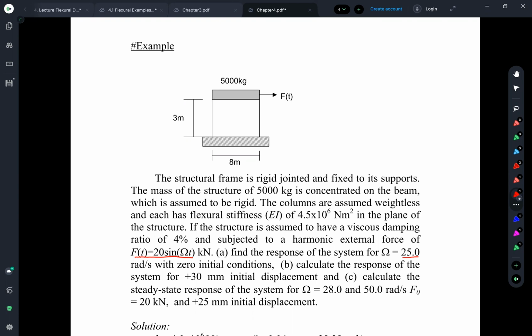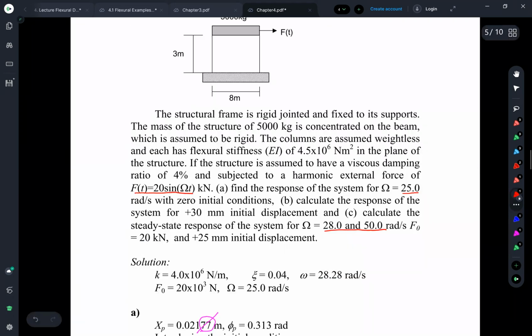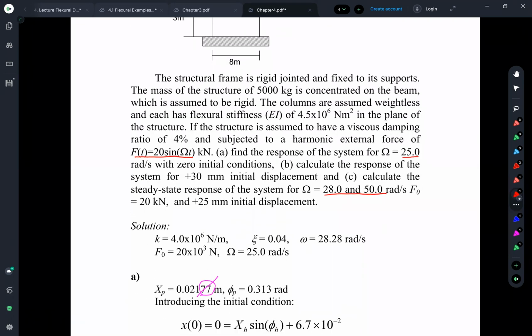B, calculate the response of the system for plus 30 millimeter initial displacement. And C, calculate the steady state response of the system for Ω equal to 30 radian per second if F0 is fixed to be 20 kilonewton and the initial displacement is assumed to be plus 25 millimeter. Okay, let's do it step by step, one by one from A to C, okay?